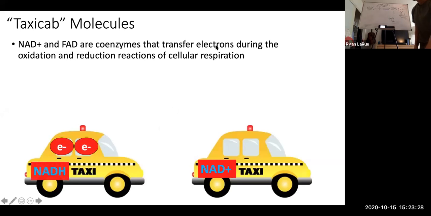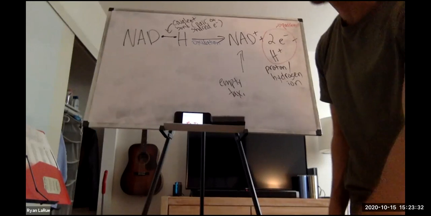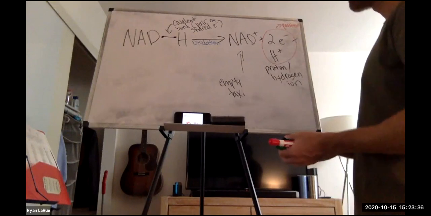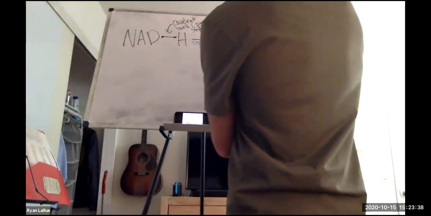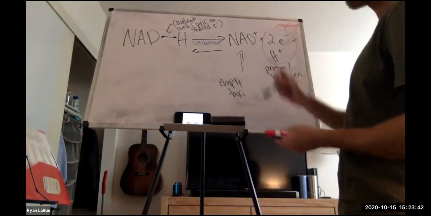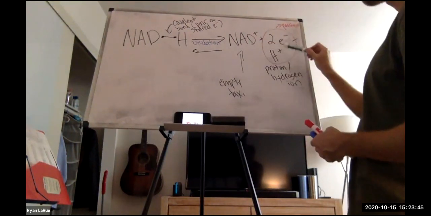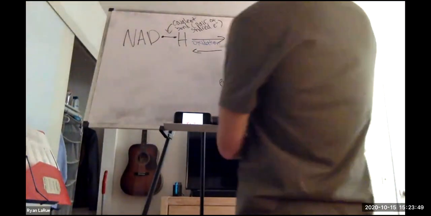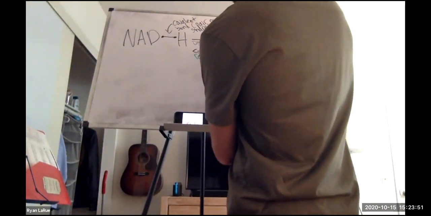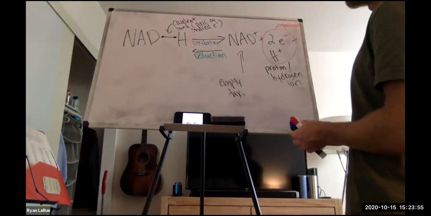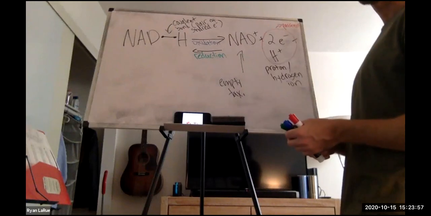Now, before I get to that, full taxi, which we started with, I'm just going to do the reverse reaction here, where I reduce NAD plus by adding electrons and hydrogen, giving it passengers. So let's do the reduction reaction. Then you form NADH.